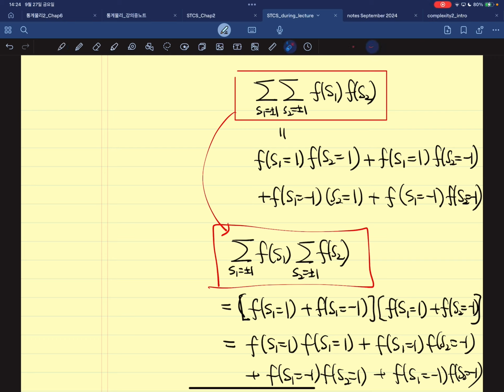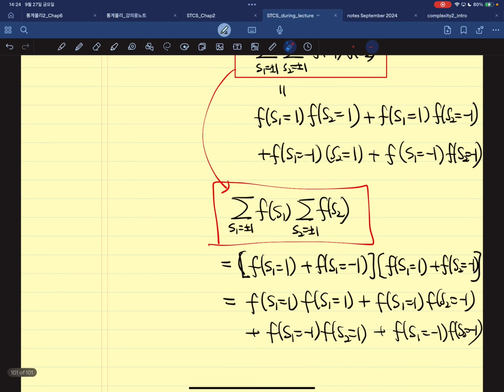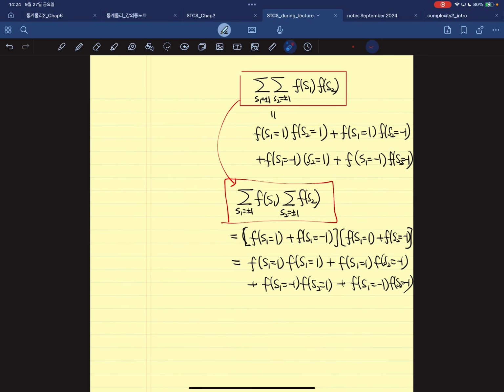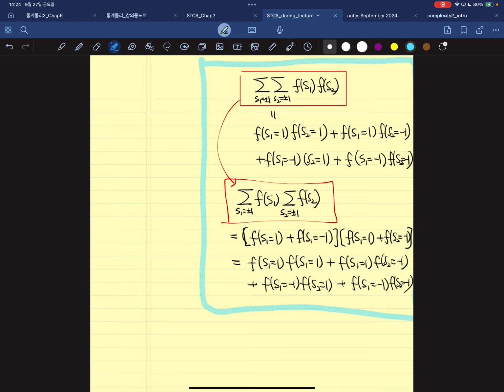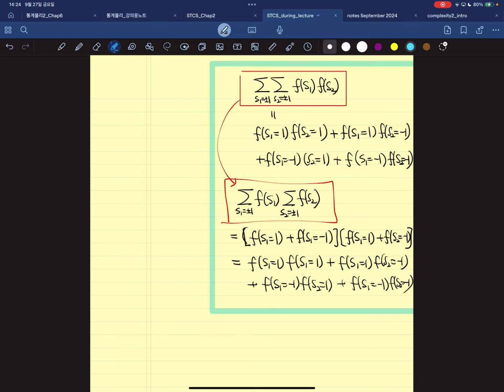So considering all the possible configurations, it's the same as the product of each case, as exemplified like this. So I will just enclose this part. It's a kind of nice technique to remember.